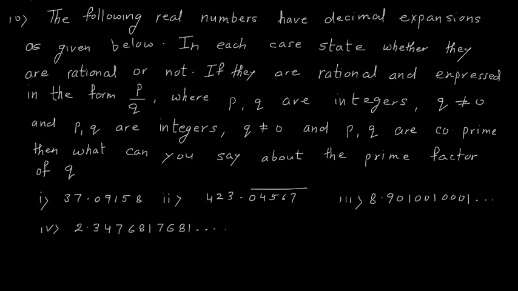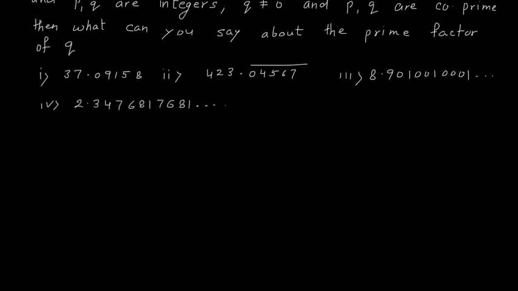What we can say the prime factors of Q, we have to state what we can say the prime factor of Q. So here for first question, it is 37.09158. So I will say that this is a terminating decimal.